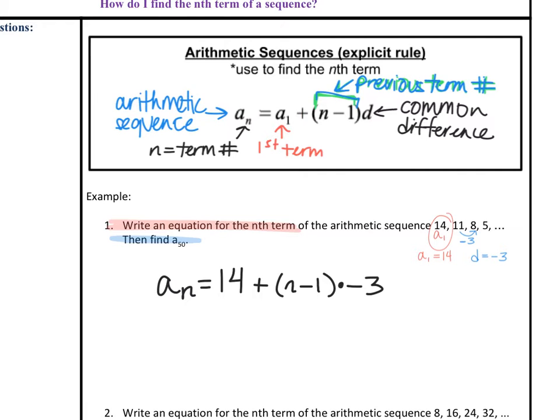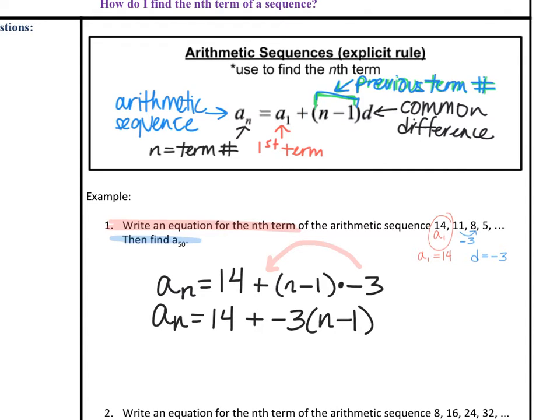Here's the thing. This doesn't look very pretty, so we usually want to put a number we're multiplying in front. So final answer for the equation would be to find the nth term, take the first term and add negative 3 one less time than you would think that you would.